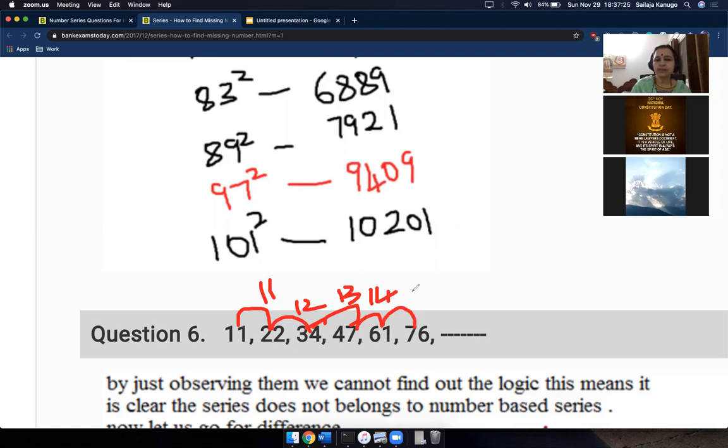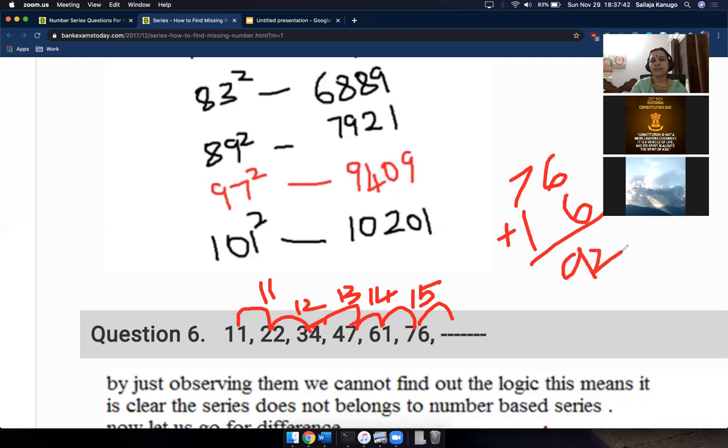This is quite simple. 15. So what will be the next one? Plus 16. So 76 plus 16 is 92. Very good. Answer will be 92.